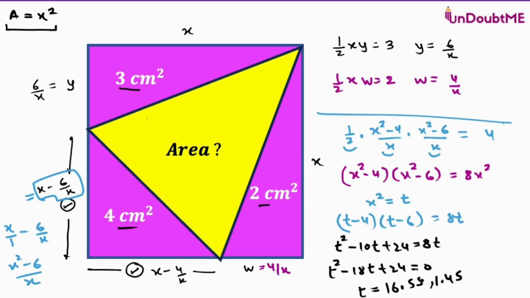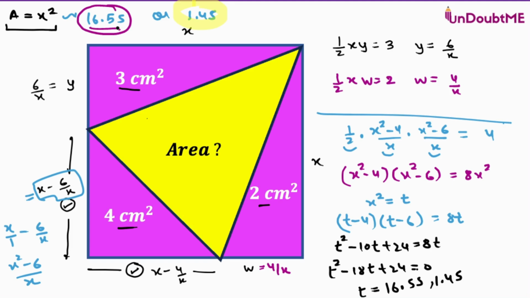Now you need to use your common sense over here. T is x squared. So x squared has potentially two values. One is 16.55 or it will be 1.45. Now if you use 1.45, then 1.45 minus 3 minus 2 minus 4 will take you to a negative answer, which is practically impossible. So with that point, we can consider 16.55 as the right value.